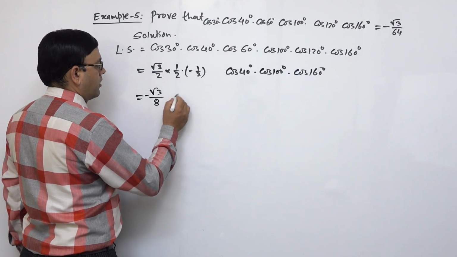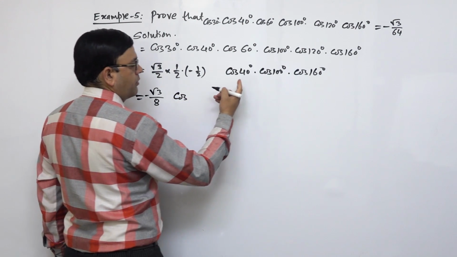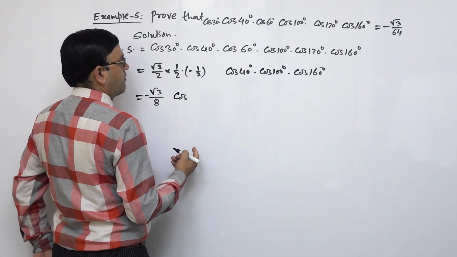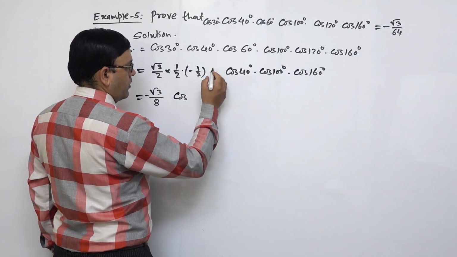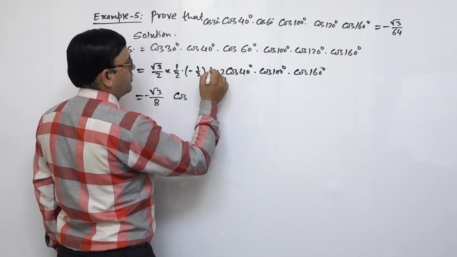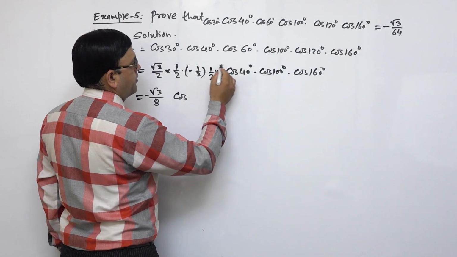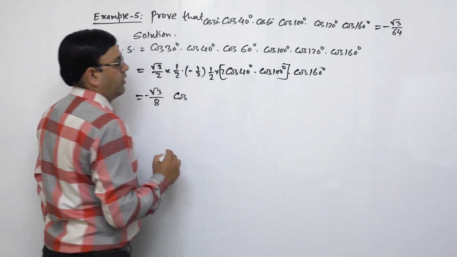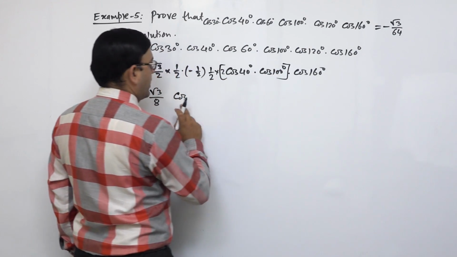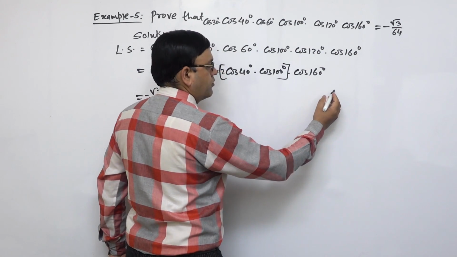So here is cos 40 degrees and then cos 100 degrees, and here is 1 by 2 times 2. So we can use the 2 cos A cos B formula.